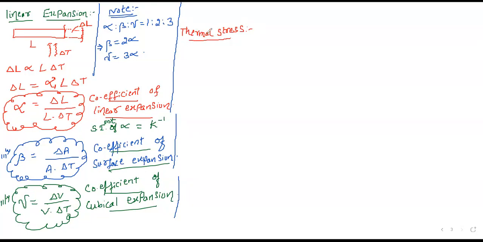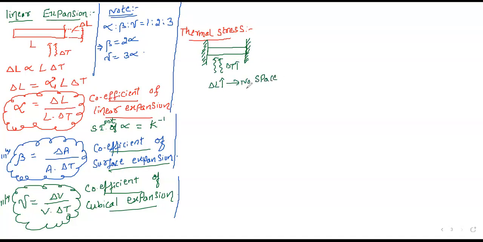For example, if I consider the rod, both the rod's ends are rigidly fixed. Now, if I increase the temperature, actually the delta L has to increase, but there is no space to increase that, isn't it?